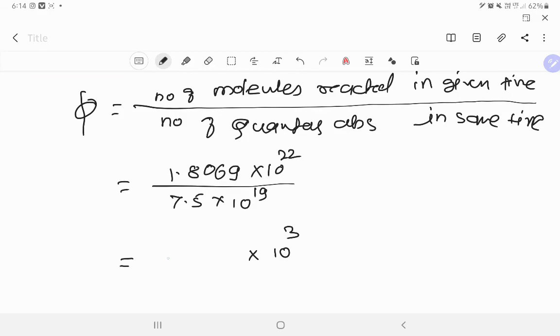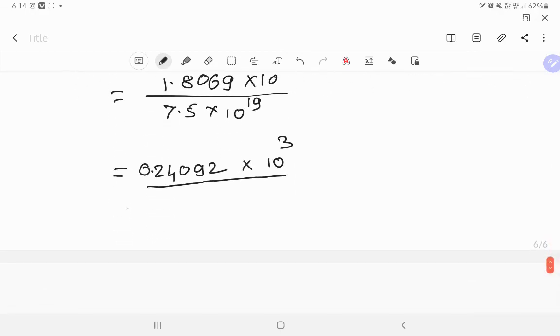It will be 0.24092 into 10 raised to 3, or you can convert it to 240. This will be the quantum yield.